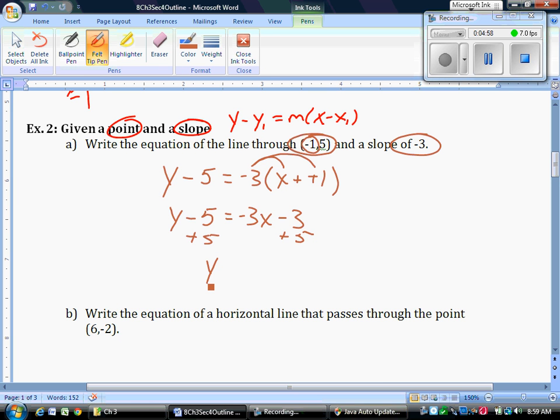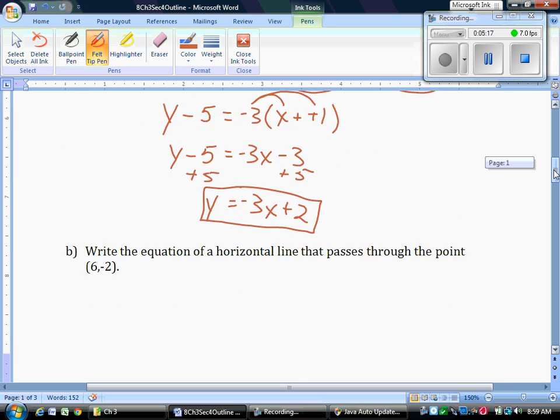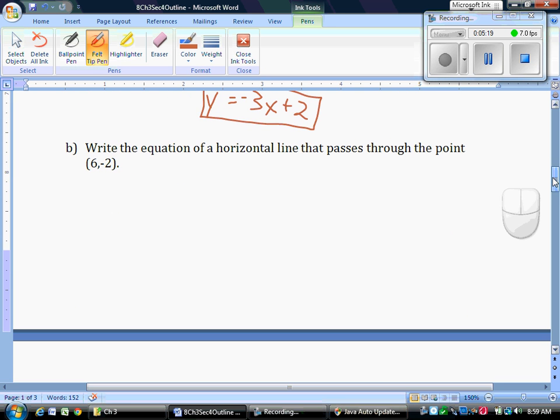So I'm just adding it to negative 3, which means y equals negative 3x, and negative 3 plus 5 is plus 2. So that is my equation. Notice it ended up in slope-intercept form. That's how all of our answers are going to end up. Now for B.